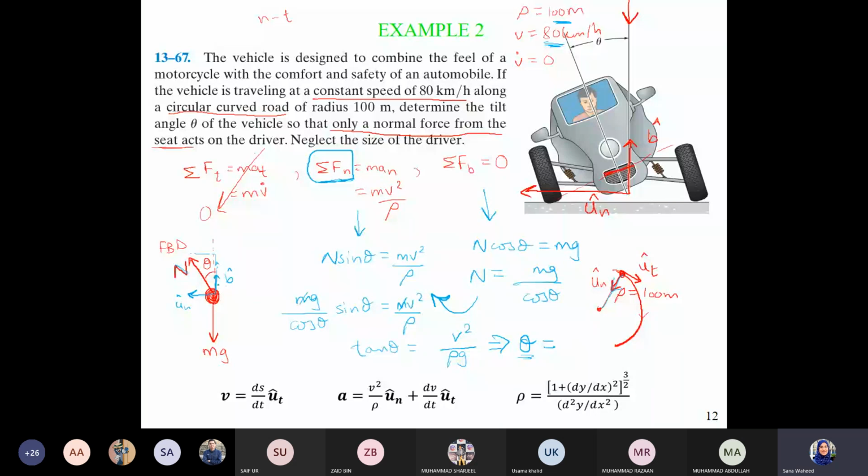Consider the case where this was not at angle theta, and instead our person was sitting straight on a flat horizontal surface. Then in this case, the normal force is just balancing the weight mg.